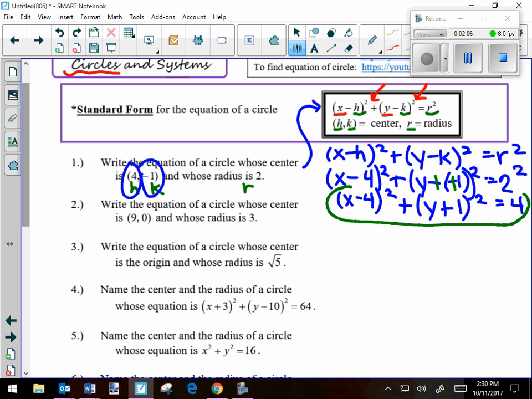It's kind of a long, obnoxious equation, but if you remember that these two things give me information about the center, and this gives me the information about the radius, that's enough information to graph the circle. Please notice that in these problems, if you have a positive 4 over here, when you put it into the equation, it's going to be negative because there's already a negative there.